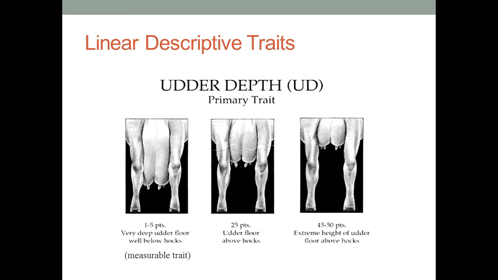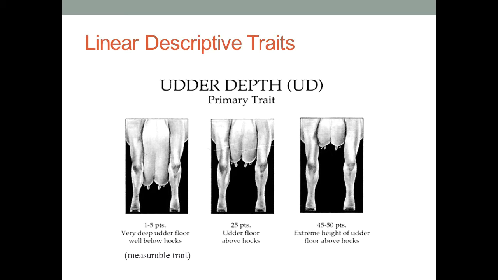But as we talk through this, and as we talk through the remaining traits, pay special attention to 2 things. First, which way do the scores go? What does a high score represent, and what does a low score represent? In some cases, this is intuitive, but in other cases, for instance, udder depth, it's not necessarily intuitive, so do pay close attention to that.